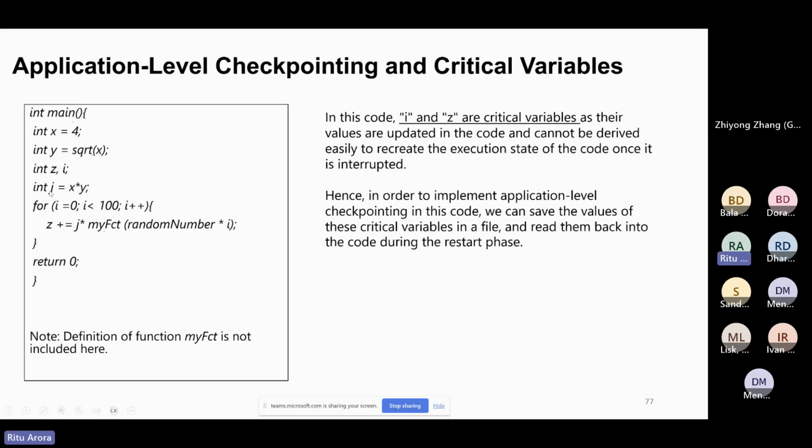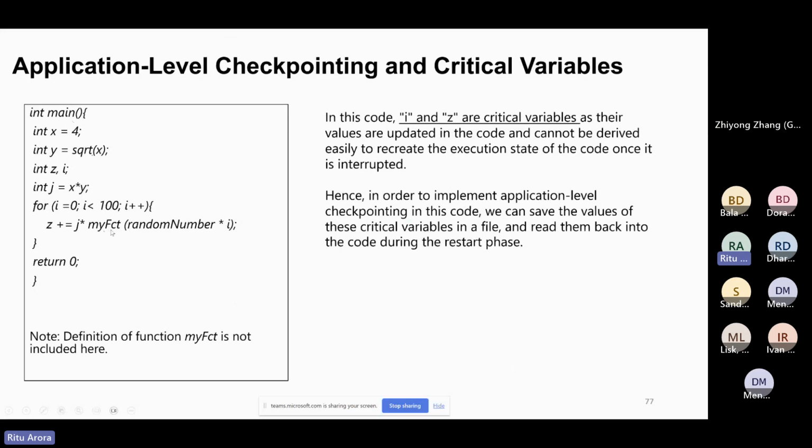Then we see j. j's value depends upon the value of x and y, which are again not critical. Since x and y are not critical, j is not critical as well. Now let's look at the for loop variable i. i varies from 0 to 100. In the event we have to recreate the application state, we do need to know the value of i before our code was interrupted in its execution. In addition to this, we also need to know the value returned by the myFCT function, which is not shown here.